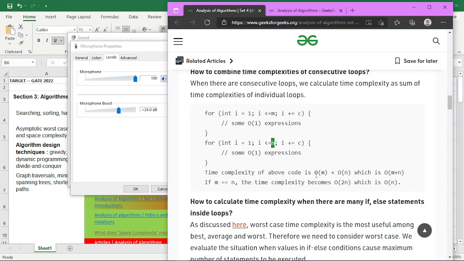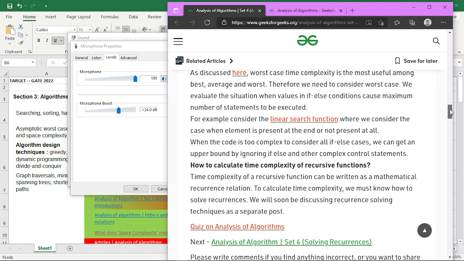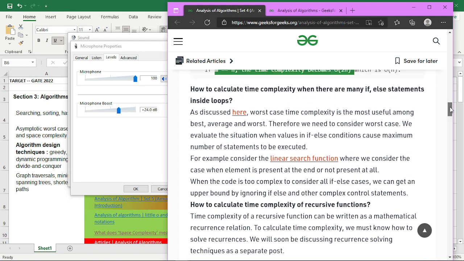So at last, order of m plus order of n will be the time complexity for this code, which can also be written as order of m plus n. And if m is equal to n, then the time complexity will become order of 2n, which we can write as order of n because we are considering asymptotic analysis.